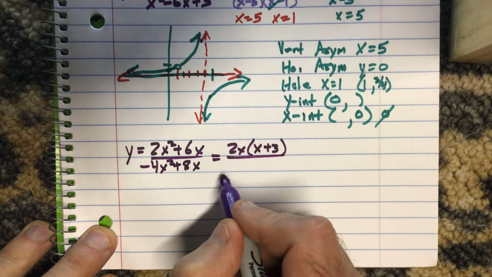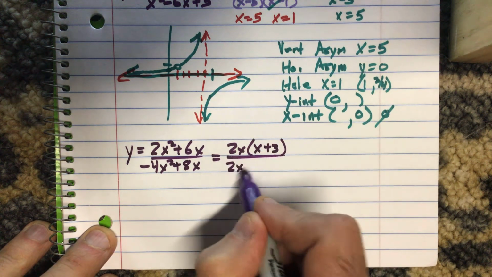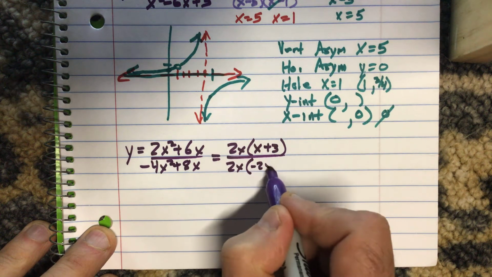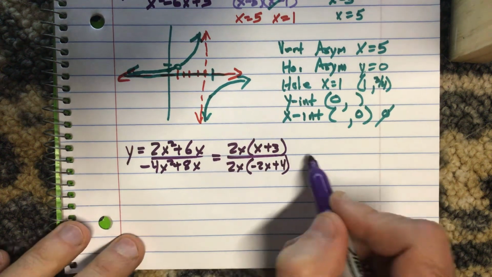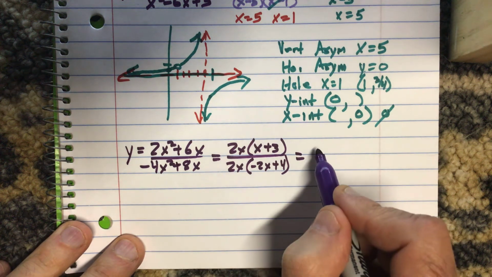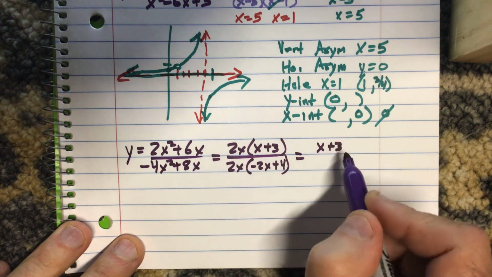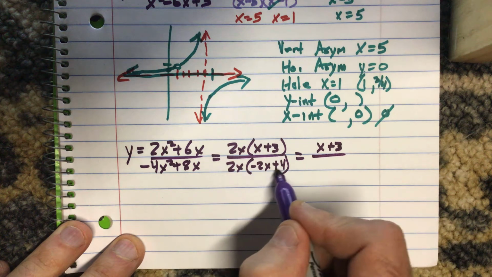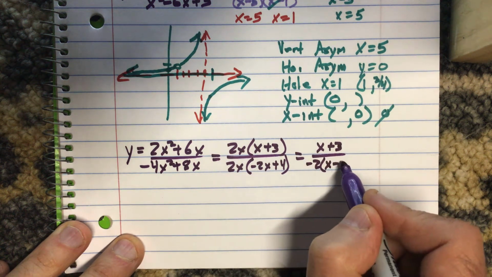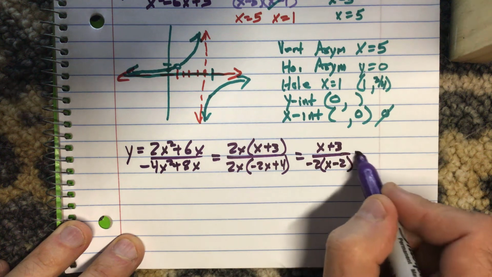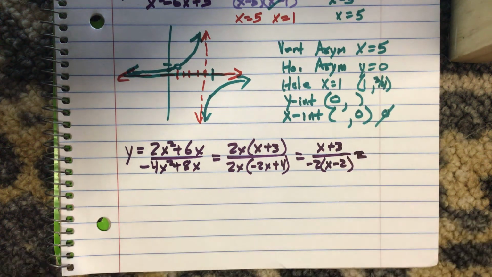And you can factor out a 2x in the denominator, which gives you -2x plus 4. These, of course, cancel, and then it reduces to x plus 3. And in the denominator, I could factor out a -2 here, which gives me x minus 2. So this is reduced now.